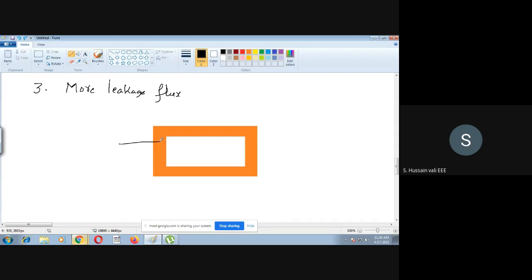Take the winding. For explanation purposes, I will draw only one winding. There is of course another winding, which I'm not drawing. So you give some supply here, then some current will flow, then some flux will flow.